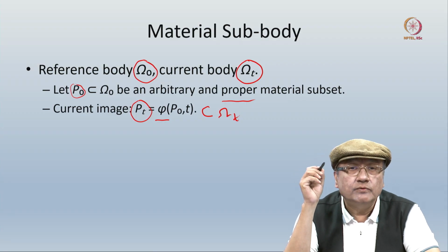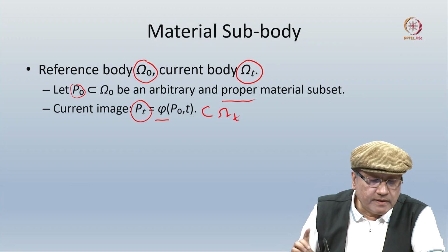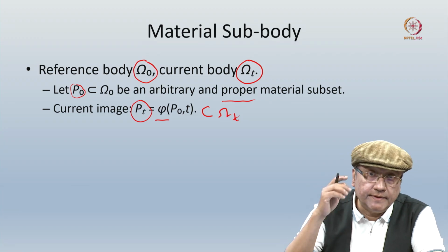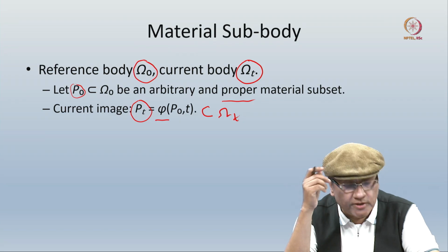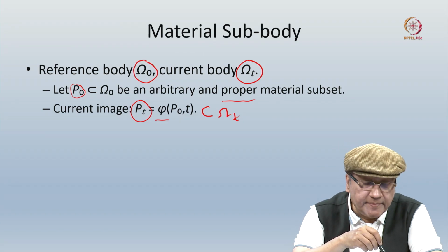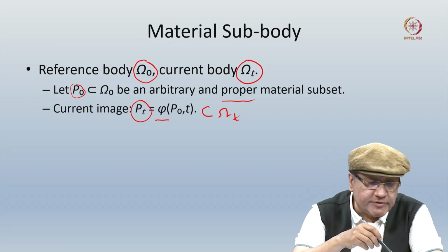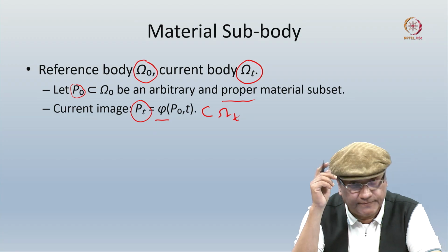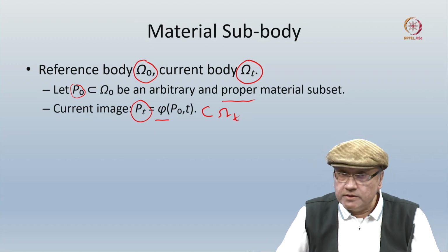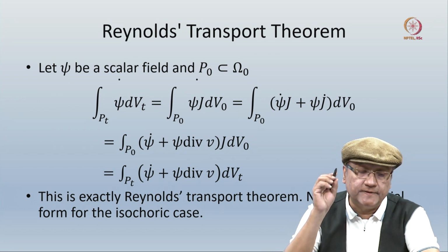We have already seen that this is true. Most of our work on the integral statements will be on such an arbitrary capital Pt. Capital Pt is arbitrary because P0 is arbitrary. So let us now move on with the transport theorem first.